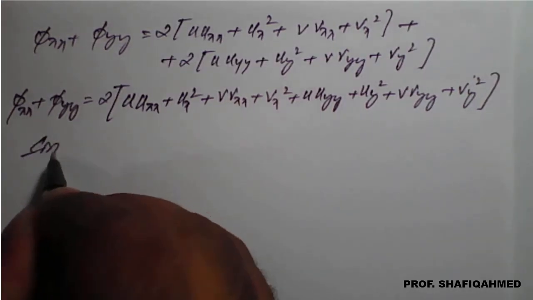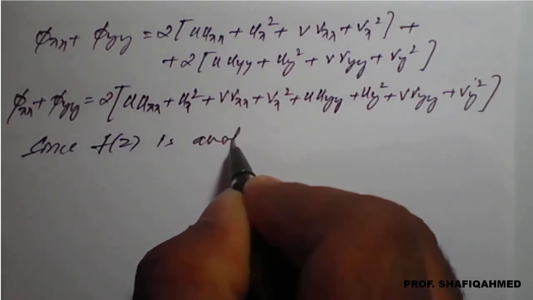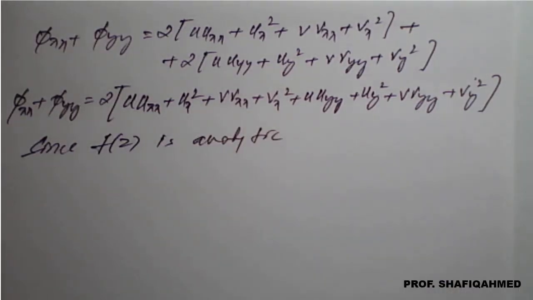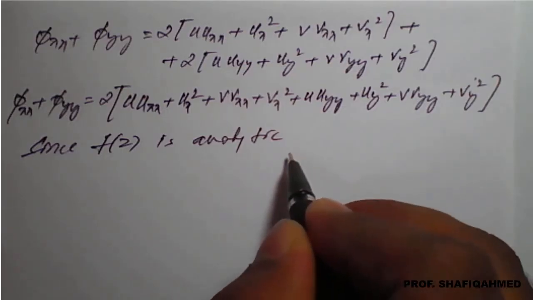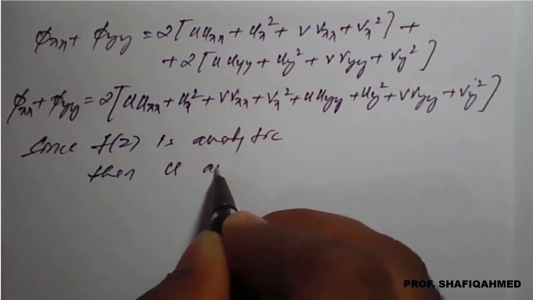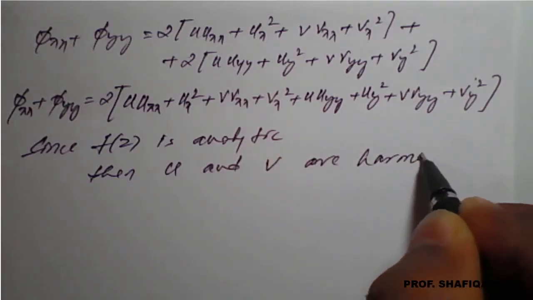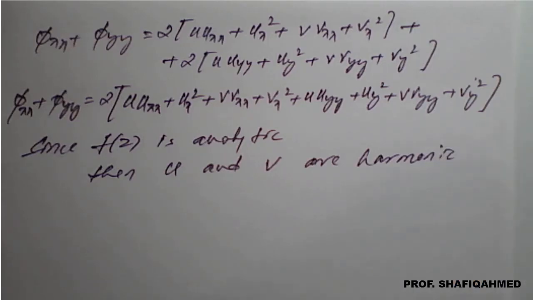Now, since f of z is analytic, then always remember u and v are harmonic. If they are analytic, they are harmonic also.